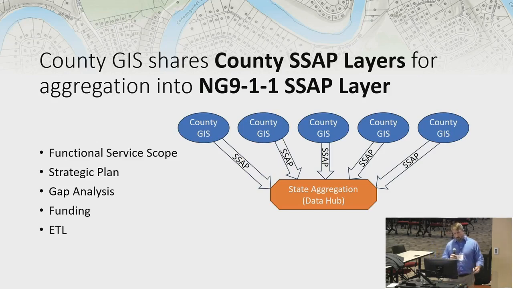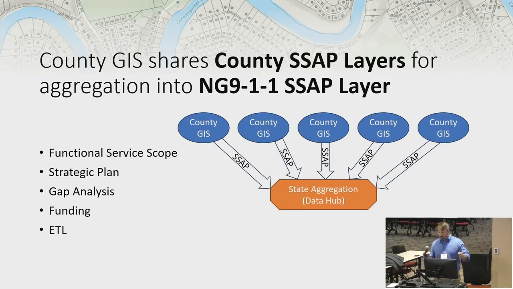Right, so we worked on a functional service scope. PEMA developed a strategic plan with the county GIS partners. We worked on a gap analysis. The gap analysis is very important because we have this GIS data, these address points that are already serving a role in the 911 computer-aided dispatch system. Now we need them to work in the next-gen 911 system.